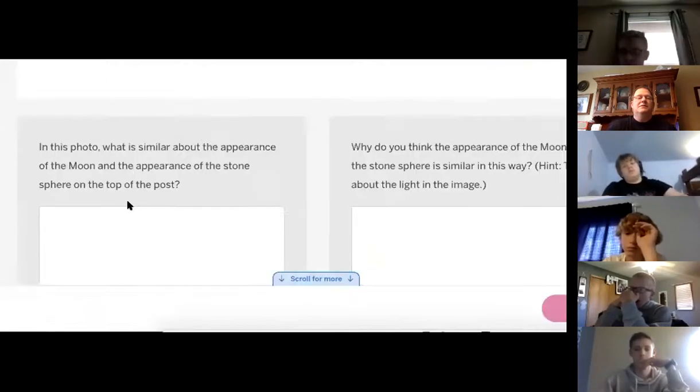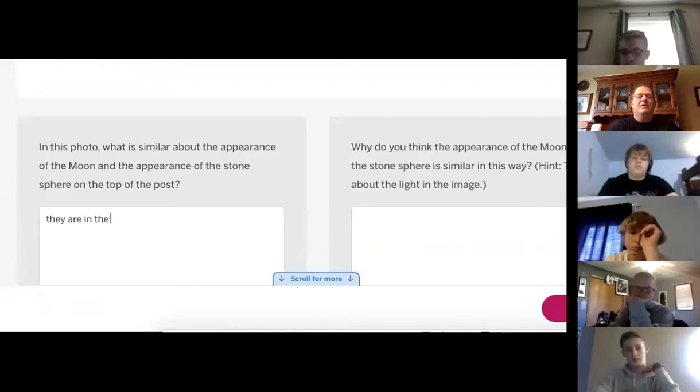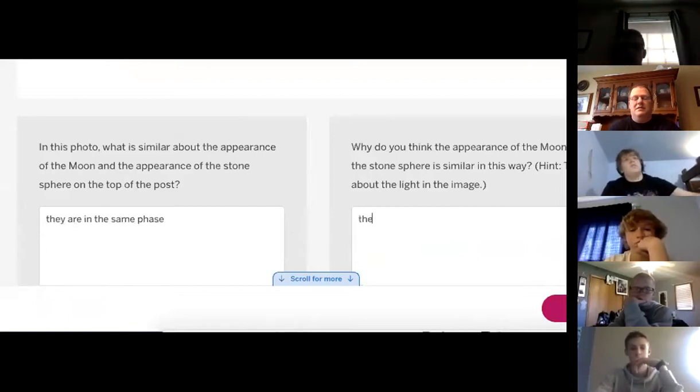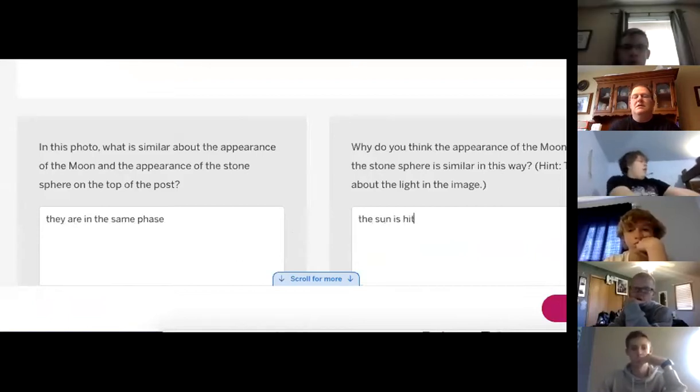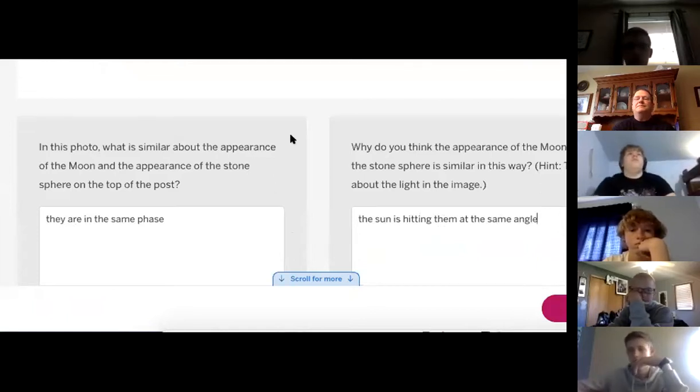Right. So they are in the same phase, and the reason is the sun is shining on them at the same angle. Questions on the warm-up?